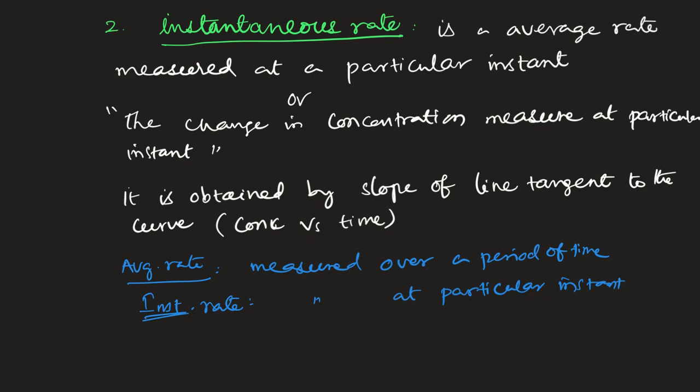So to control the rate of reaction, or to improve it, or to decrease it, or some factors we have to provide for a greater yield of the product, at what time what rate is happening, that we should know. That's why instantaneous rate is better to know than the average rate.